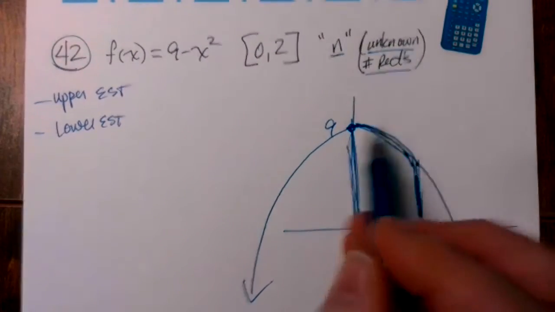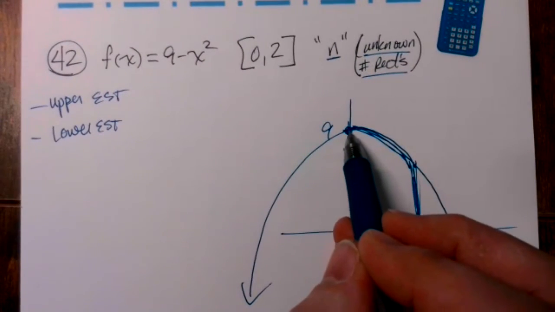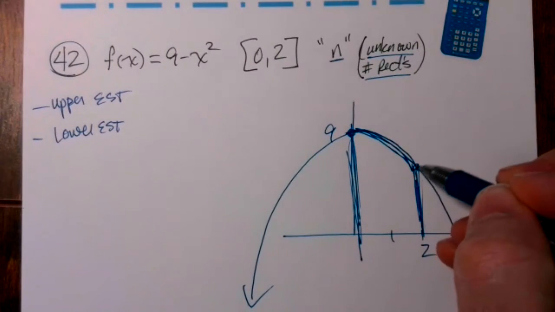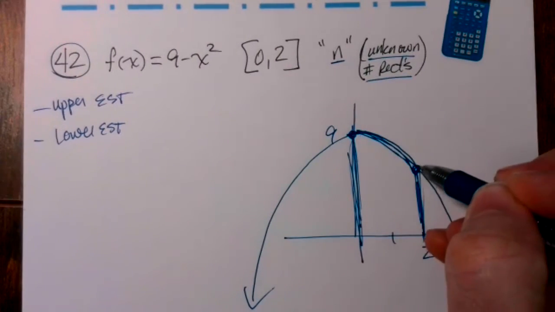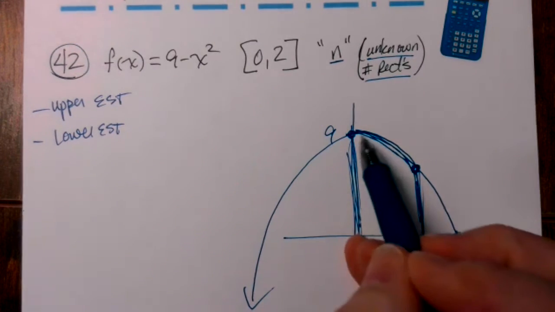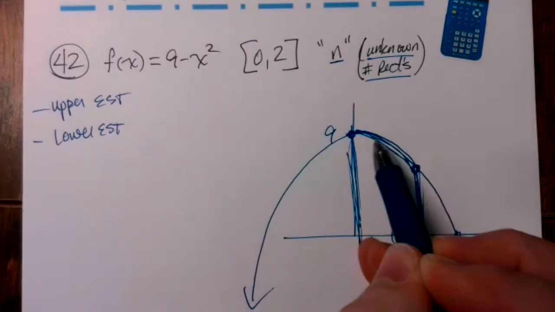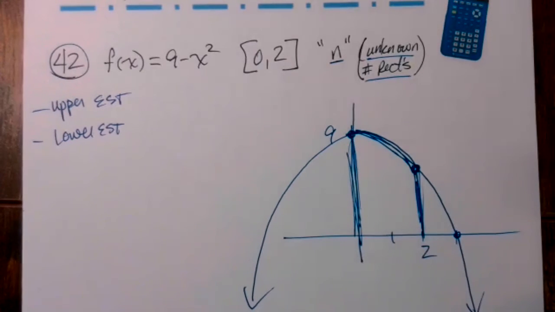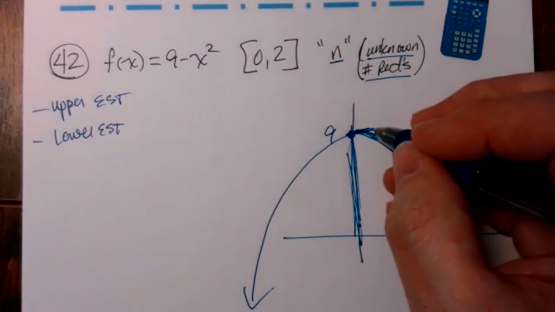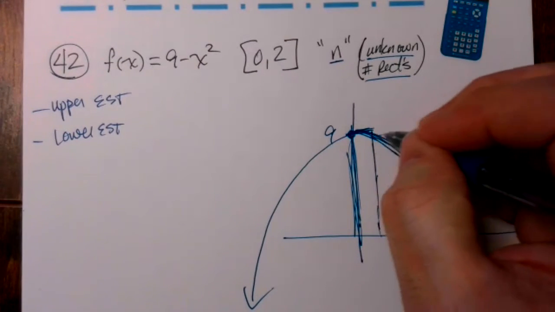If I don't include x equals 0 itself, where the slope is 0, from the x value 0 to the x value 2, it is strictly decreasing. As soon as I step off the 0, I'm going down, even if only a tiny bit. So if I do an upper estimate, it is supposed to go out above the curve.